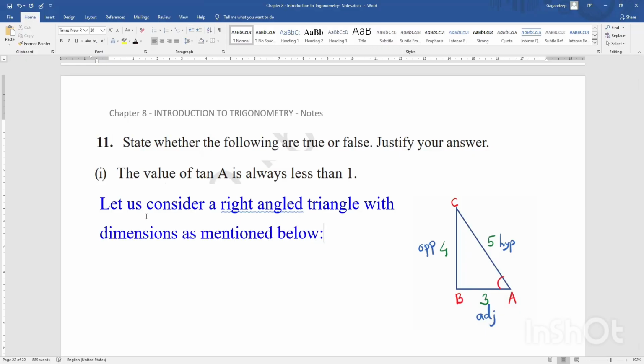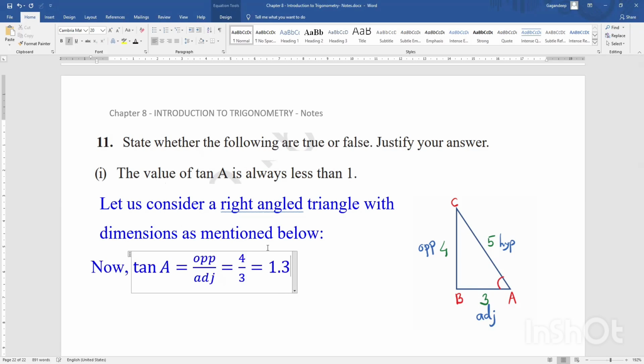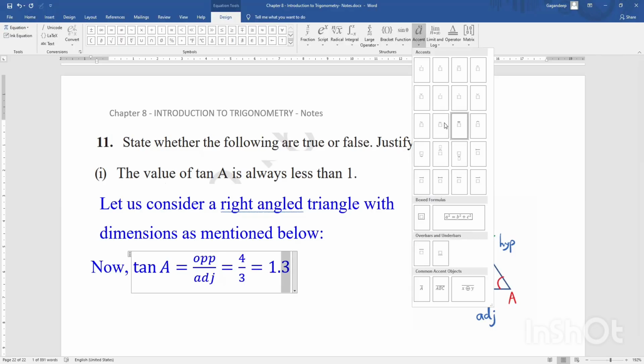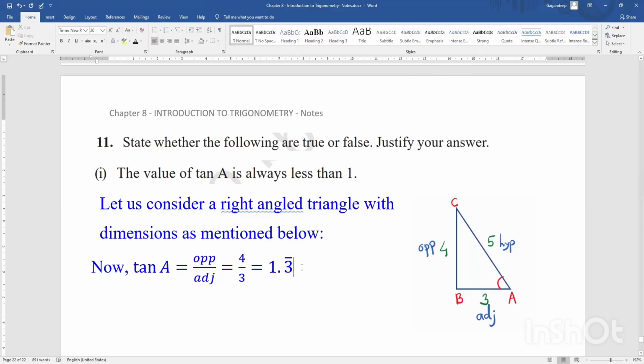And now I'm going to write the tan A value. Tan A, the definition is opposite by adjacent, which is nothing but 4 by 3. Now the value of 4 by 3 is 1.33. Actually, it is 1.3 bar. You get a recurring decimal, so it will be 1.3 bar, in fact.